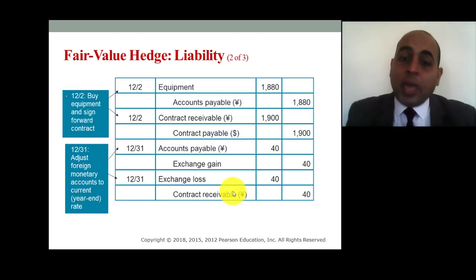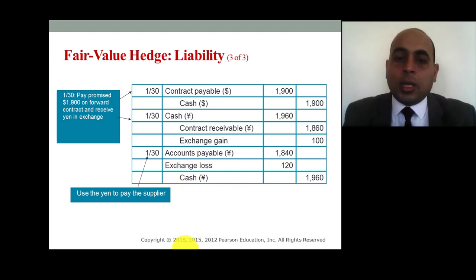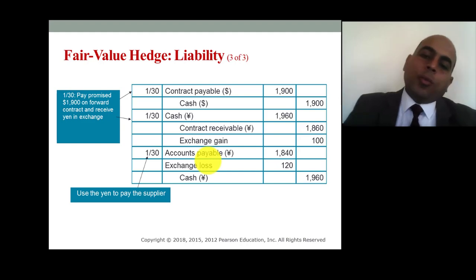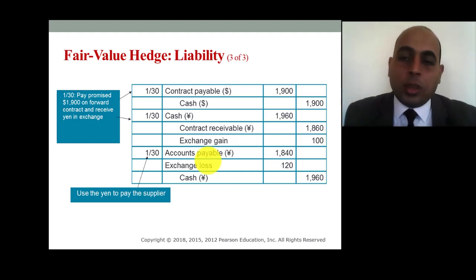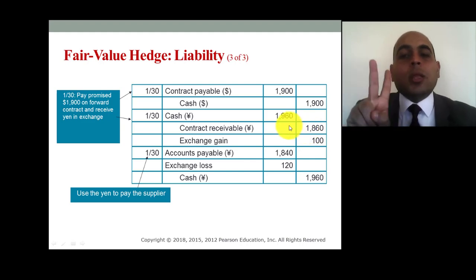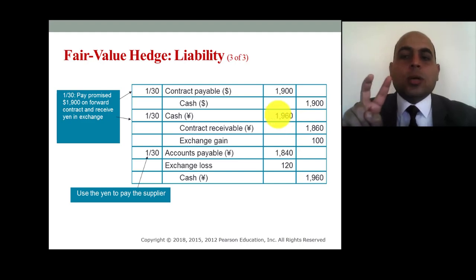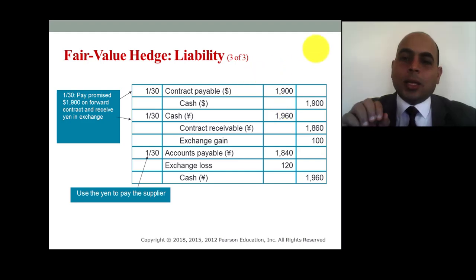So we have gain. How will we record it? The difference is $100. On the date of settlement, we will receive 200,000 yen, but the value of this amount we received is 1,960, and the amount we own is 1,860.